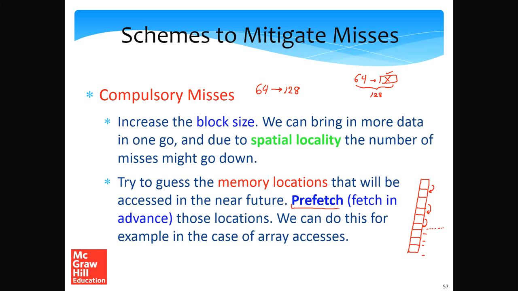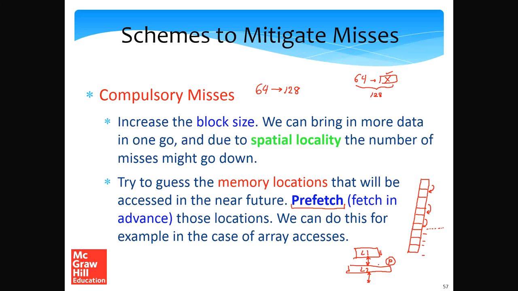Prefetching means guess, predict what you will access in the future, and fetch the data from the lower levels of the memory system. Which means that if we have an L1 cache and we have an L2 cache, and we have a small prefetching circuitry over here, it can look at all the accesses that are going into the L1 cache and on the basis of that make a guess about what kind of accesses are required.